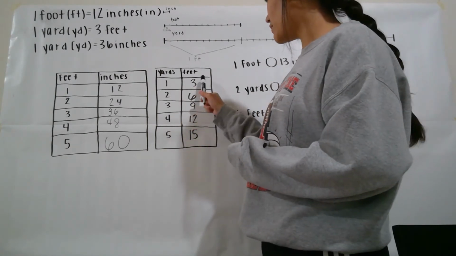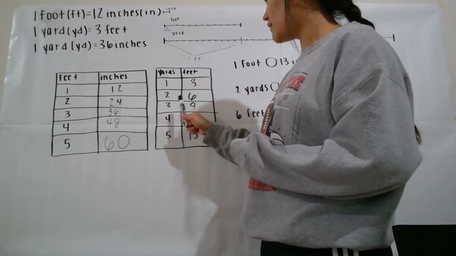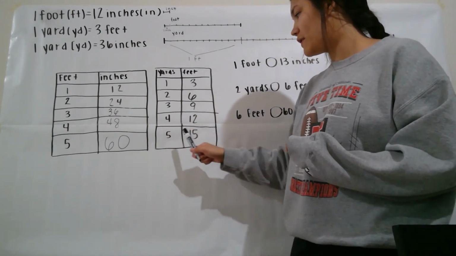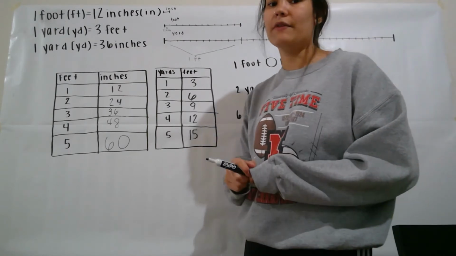So in 1 yard there's 3 feet, in 2 yards there's 6 feet, in 3 yards there's 9 feet, in 4 yards there's 12 feet, and in 5 yards there's 15 feet.